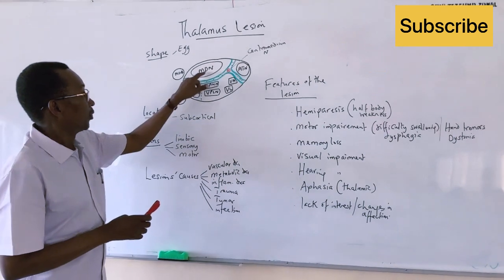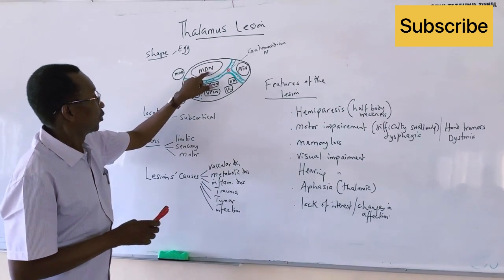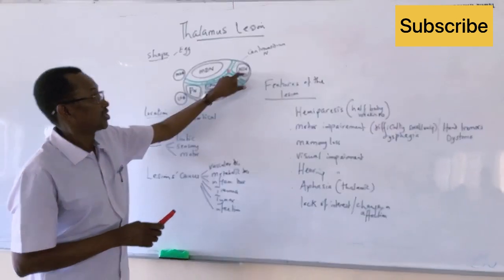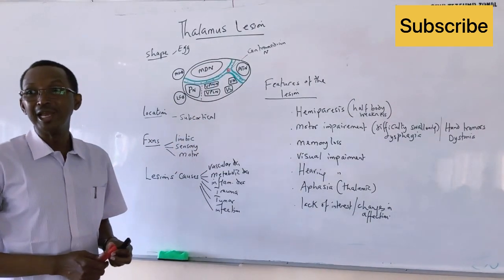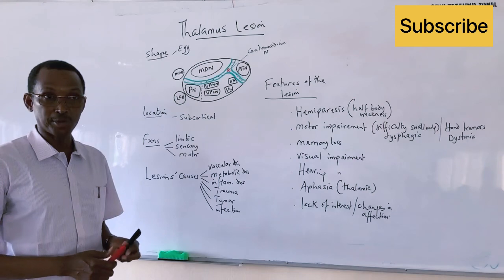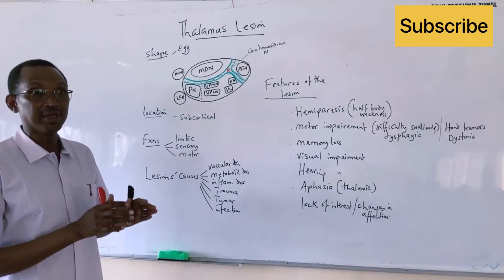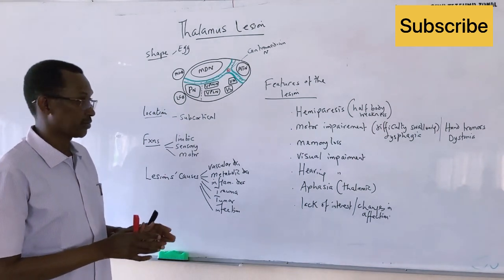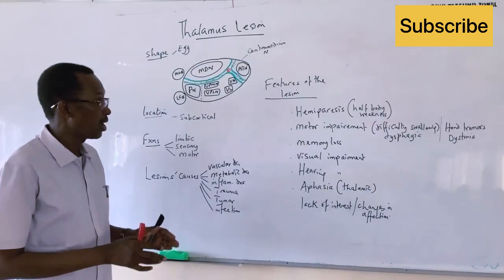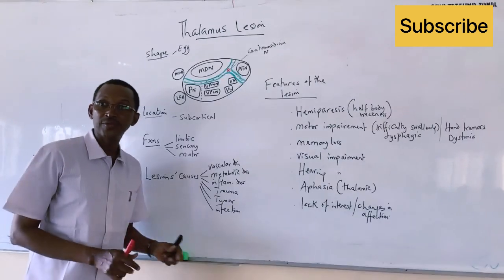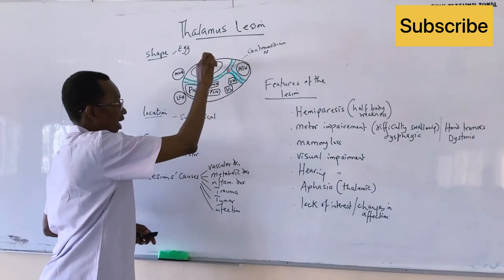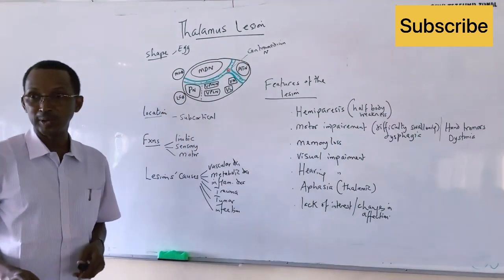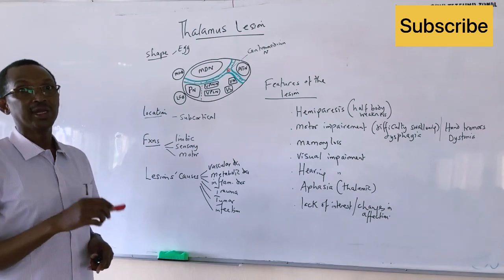So the mediodorsal nucleus plus the anterior thalamic nucleus, the two together, are responsible for the limbic function of the thalamus. You all know what the limbic system is and what its functions are.